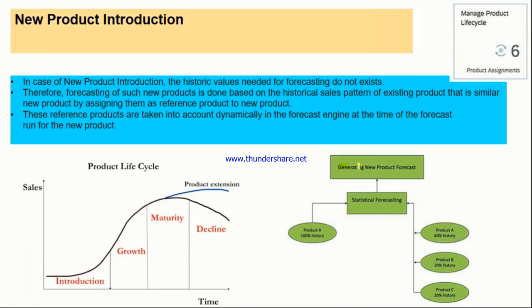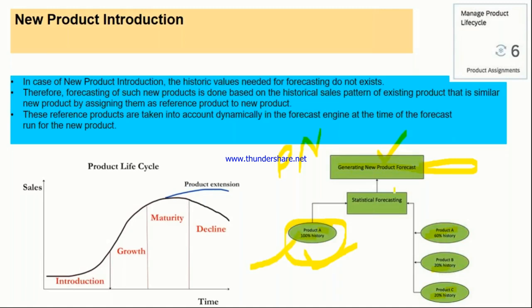So when I want to generate a forecast of a new product, suppose my new product, that is PN, it will be based on the historical data of a product that is called A. I can take 100% of the history of the old product. And if I want, I can take the history in bits and pieces, like 60% from product A, 20% from product B, 20% from product C. So a new baby that is coming to the world will sometimes have 100% resemblance from his own father, right?